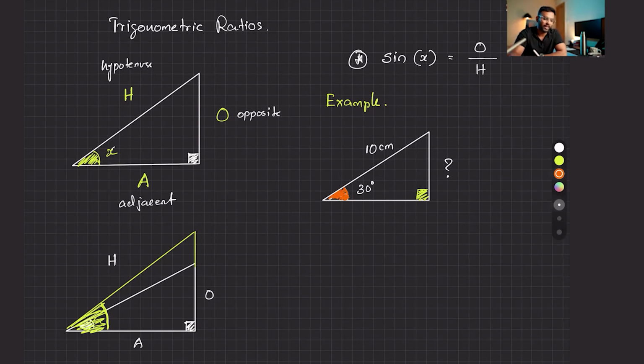So would you all agree this is the hypotenuse, that's the opposite, this is the adjacent? So the naming needs to happen first. Now think about it. We have the angle, which is this x, okay? That's the angle. So I want to write this x here is the angle.